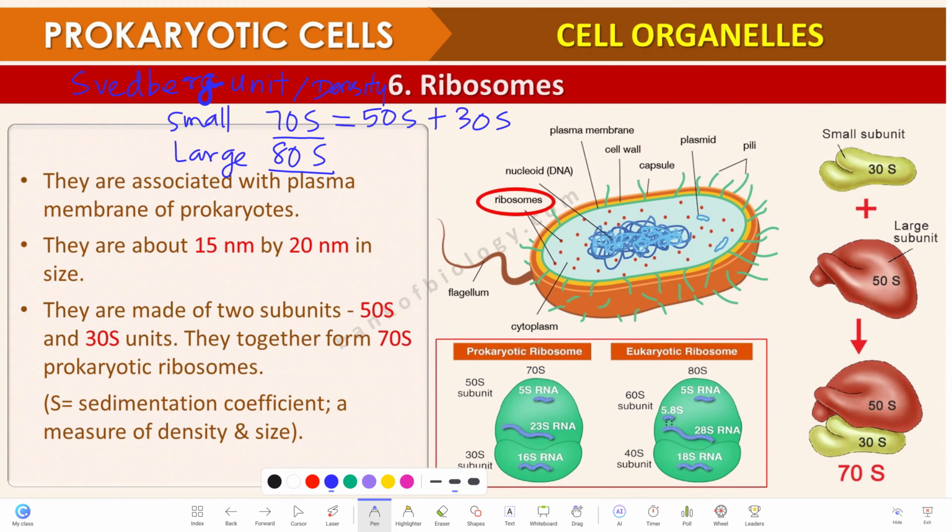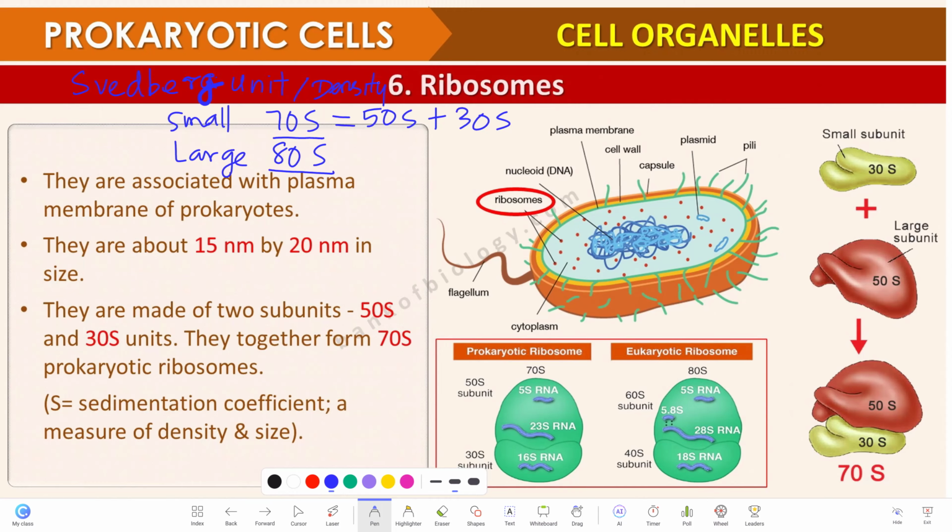Have you seen how they separate your blood cells from plasma in the laboratory in hospital? They take your blood, put it in a test tube, and spin it at high speed. They call it centrifugation. Seen or heard about it? No, right? So when you do that, the cells get separated, plasma gets separated.